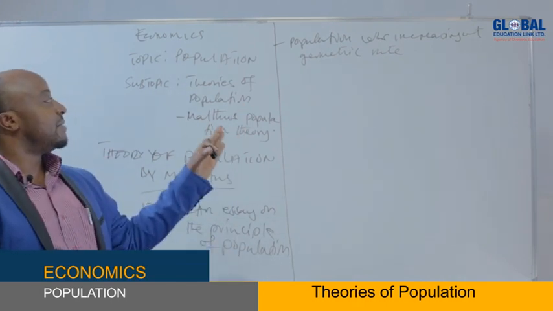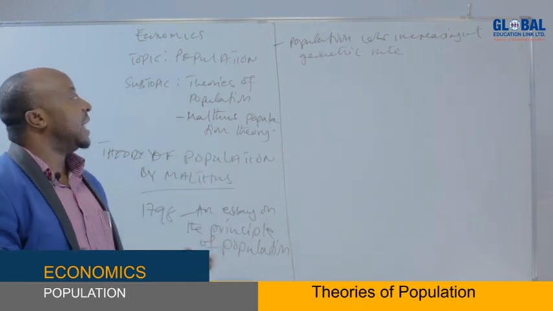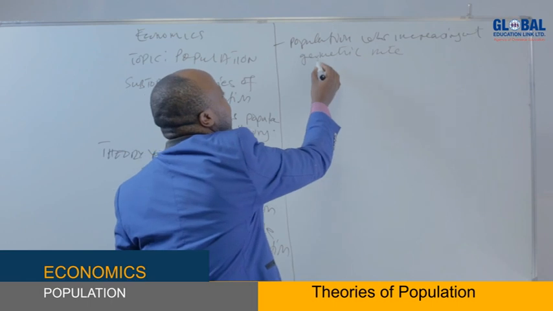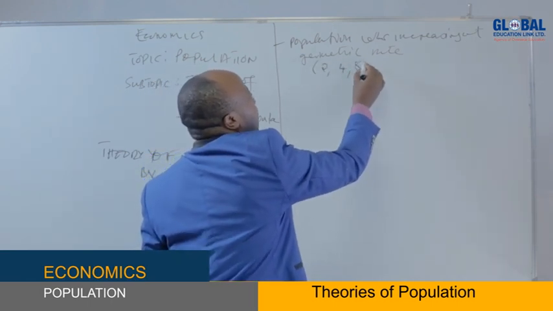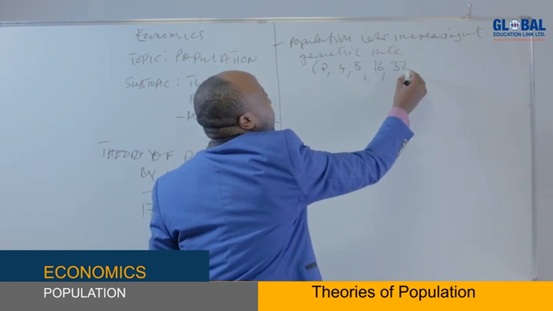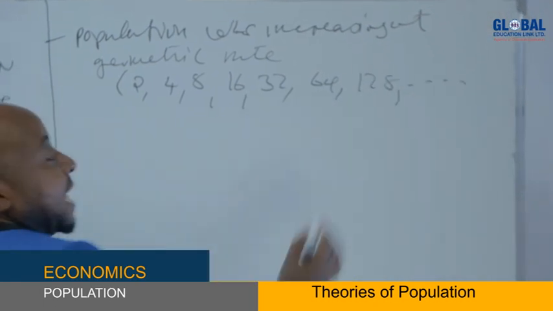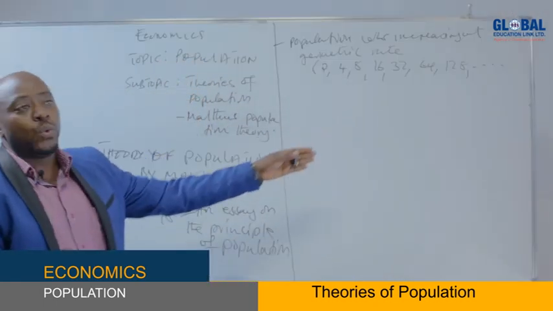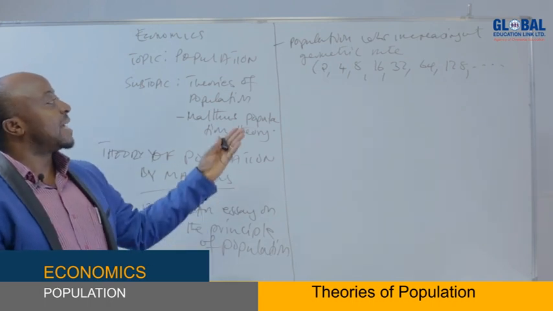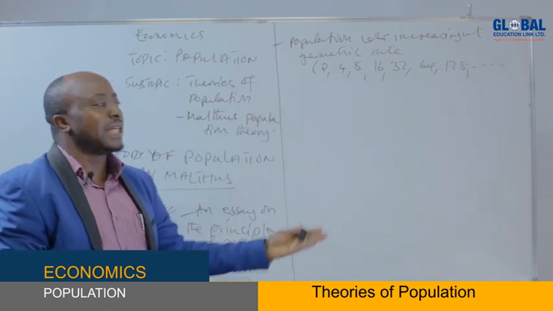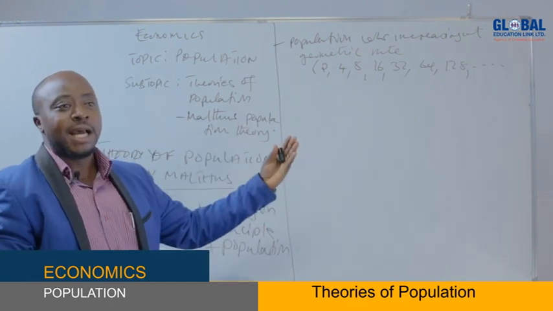When we say geometric rate, we mean numbers which are increasing by multiplication. It means the population is going, maybe, 2, 4, 8, 16, 32, then 64, and so on. The common ratio there is 2, so it is going by multiplication. What do we conclude? According to Malthus, population was increasing by multiplying, so it is increasing so fast.